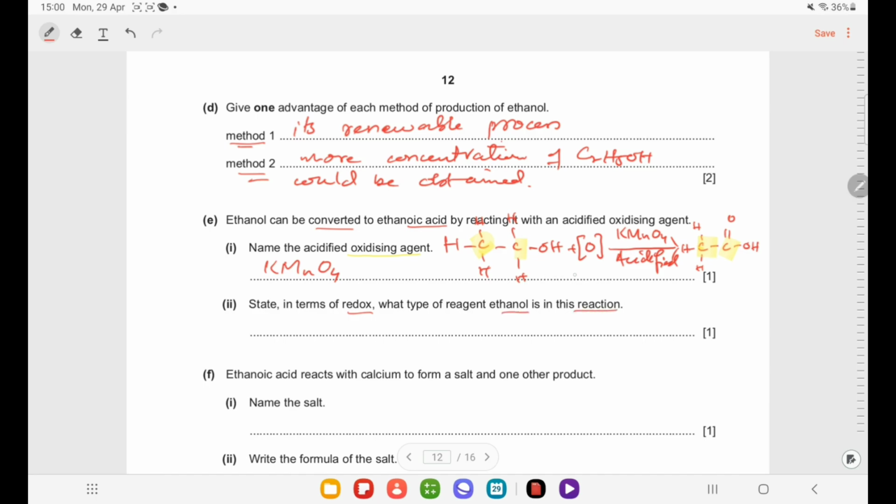We can see that ethanol is being oxidized into ethanoic acid. So it acted like a reducing agent, because we know reducing agents are the agents which get oxidized but reduce others. So here ethanol acted as a reducing agent.